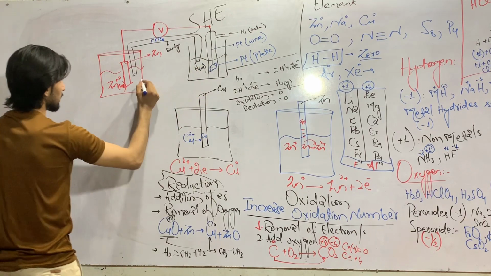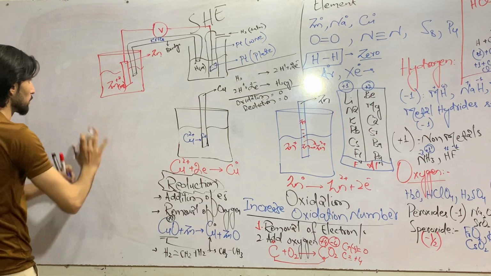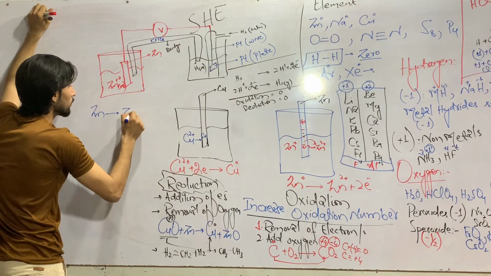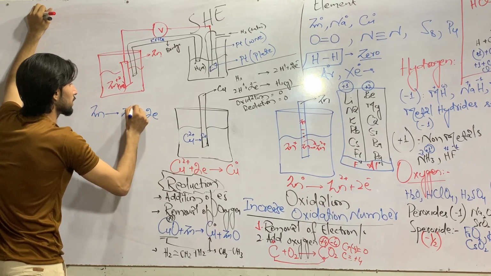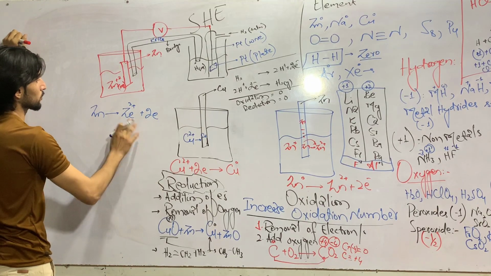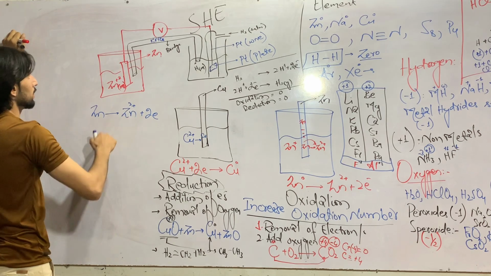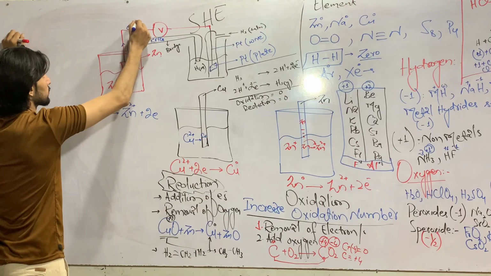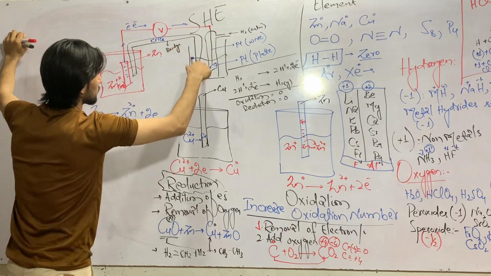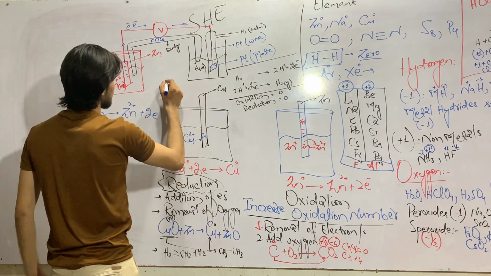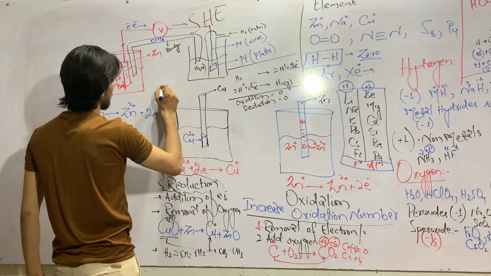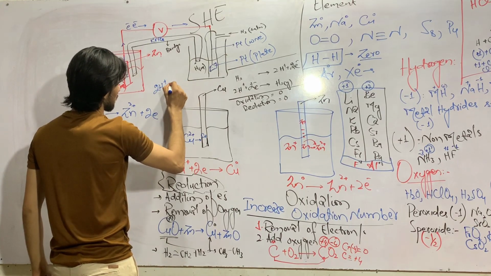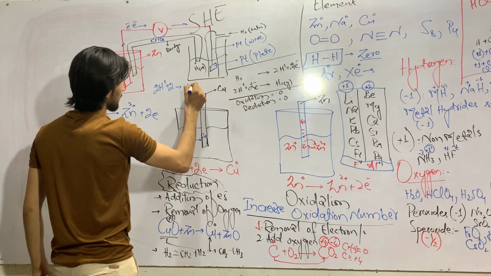Now we will see the same reaction. Zn will leave off its electrons and convert itself into Zn2+. These electrons will move in this wire toward over here. And the reaction taking place over here: H+ will take those electrons and convert to H2 gas.